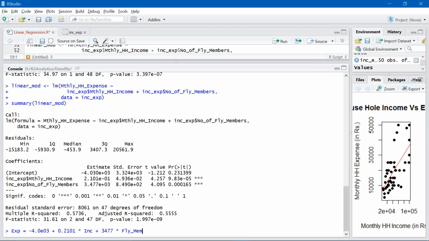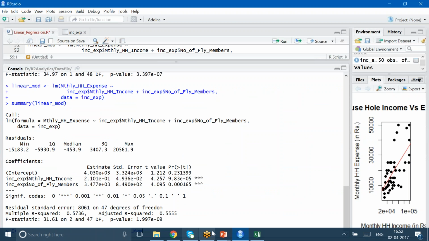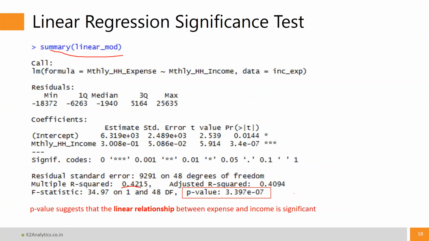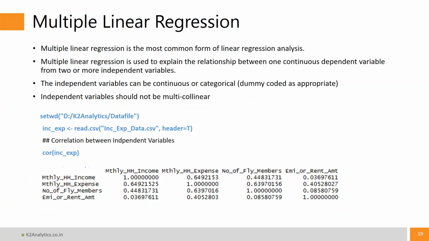So let us now start with the multiple. I just executed the multiple linear regression with one additional variable and showed that as you increase the variables, R squared increases.